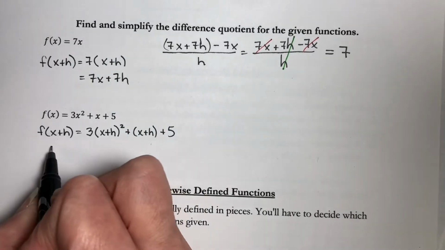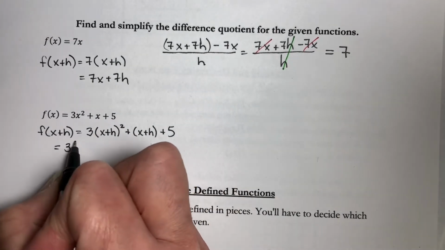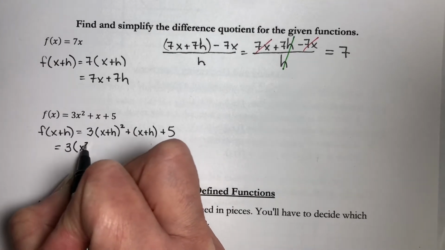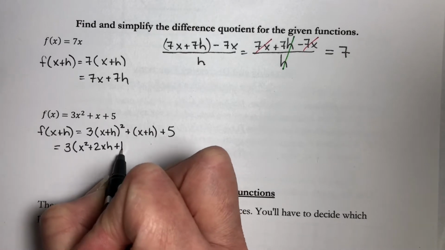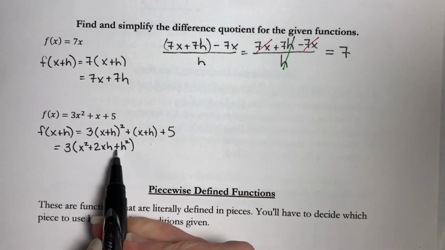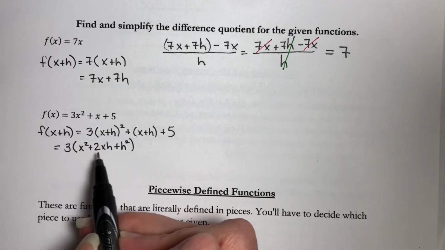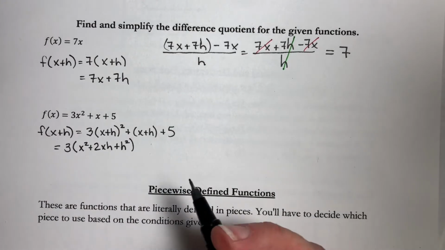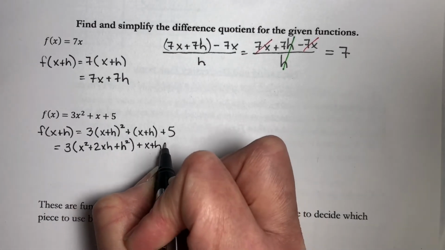Okay, now this is equal to, I need to square this out, 3 times x squared plus 2xh plus h squared. This is basically the definition of how to square a binomial, but instead of a and b, we have x and h. Plus x plus h plus 5.